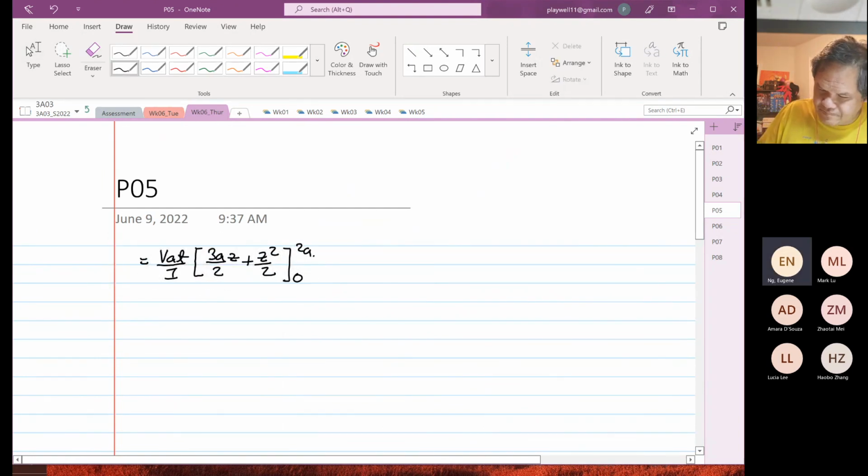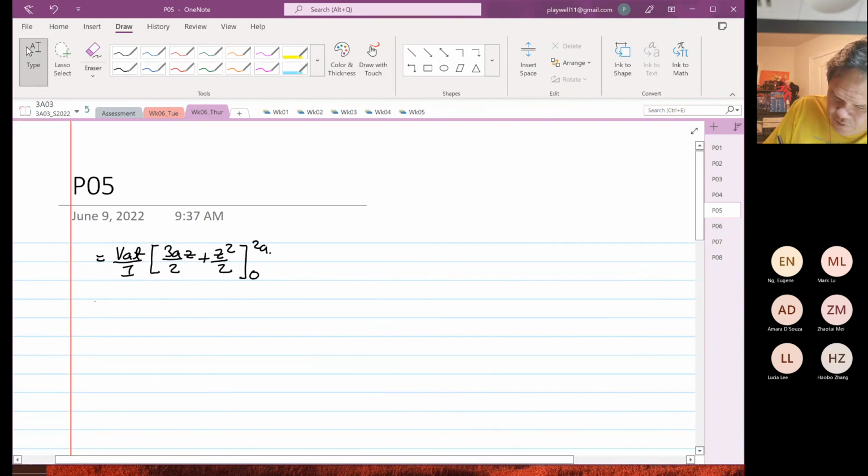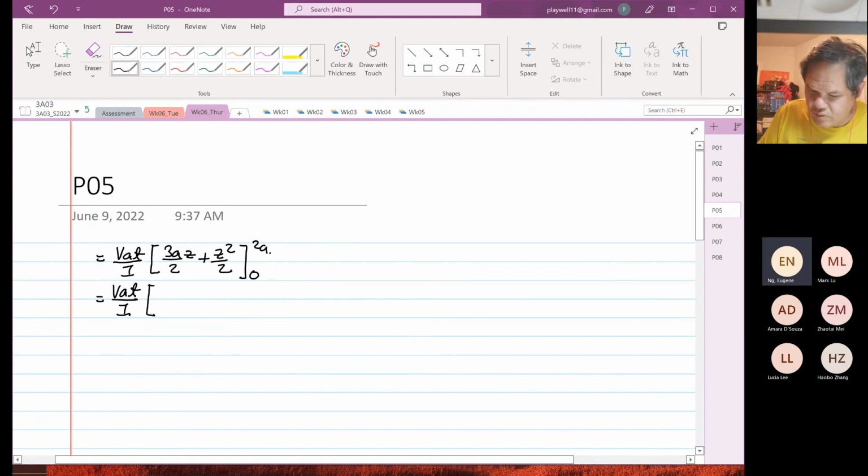From here, this will be equal to VAT over I times, the 2 cancelled, so 3A squared plus Z squared over 2 gives 2A squared, then minus 0, you can ignore the term.